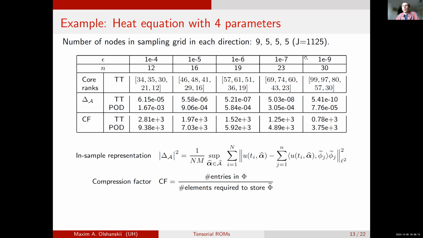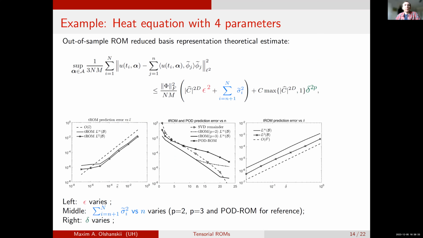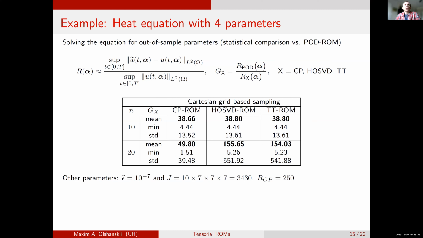Especially for highly accurate low rank tensor decomposition, we have a big gain in accuracy. But again, this is a simple example of a linear problem that depends on 4 parameters. All right, so I'll probably skip this slide.